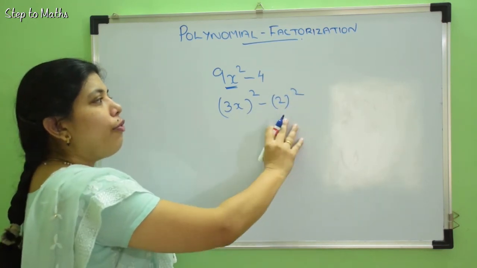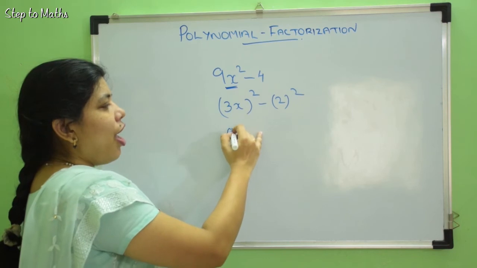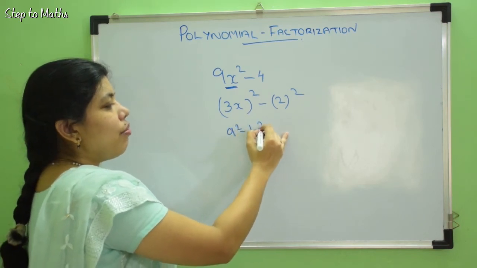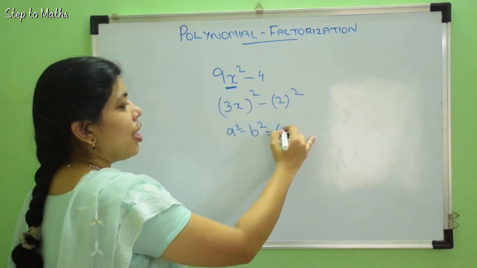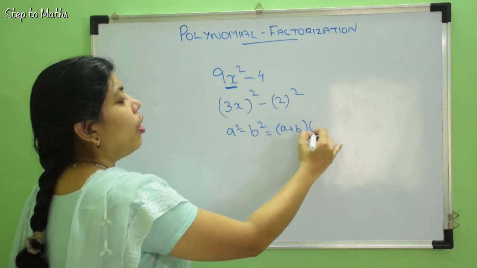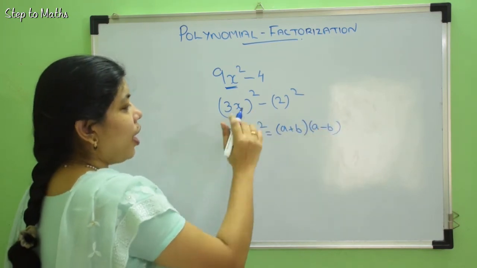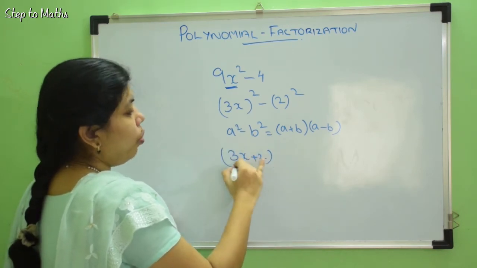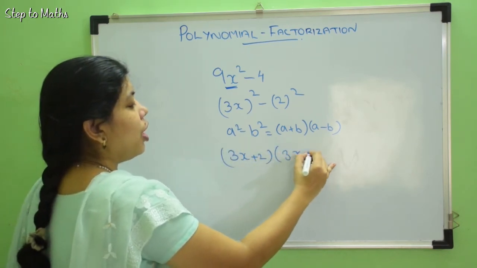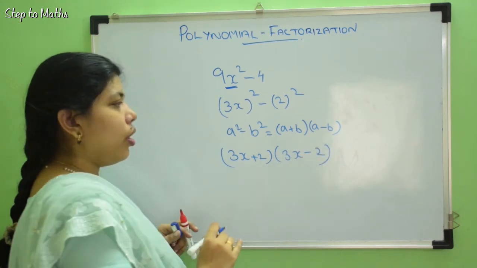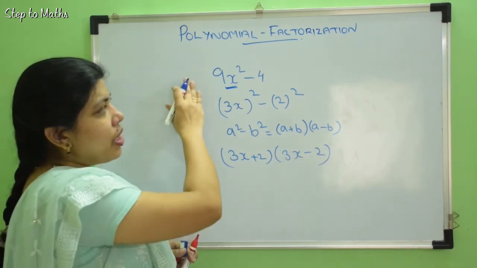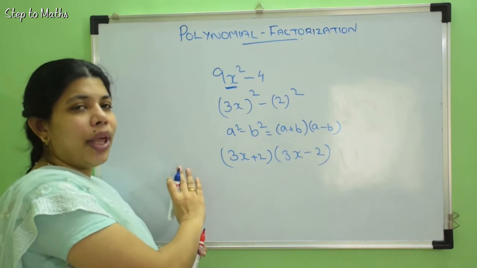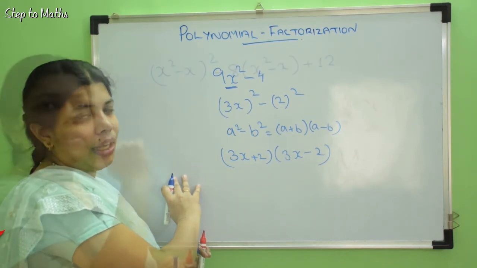Now this is in the form of the identity a square minus b square, that is (a plus b) into (a minus b). So we can write it as (3x plus 2) into (3x minus 2). That means in some cases we can apply the identities directly.